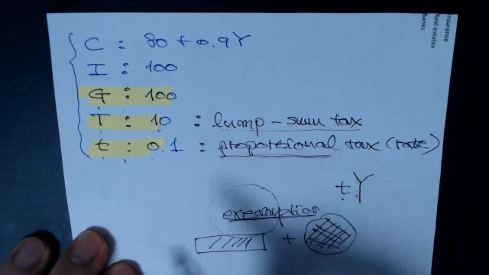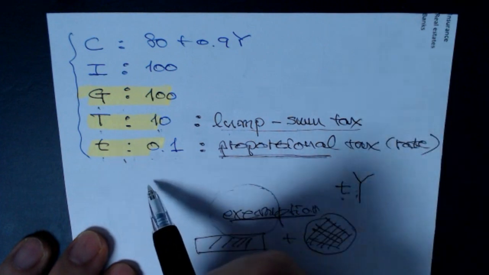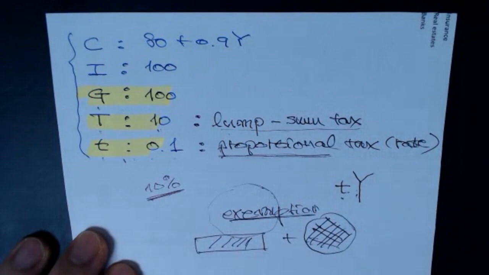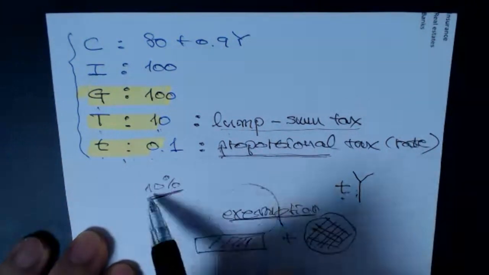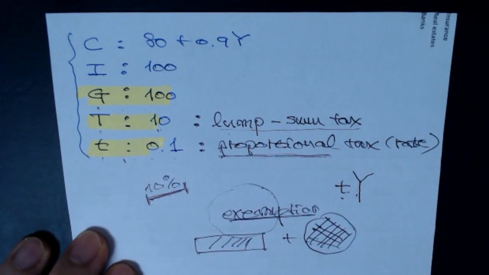That is a proportional tax because excise tax or VAT is usually 10% of the price you purchased.